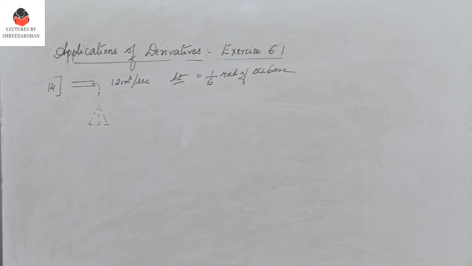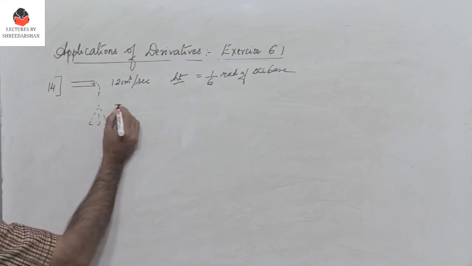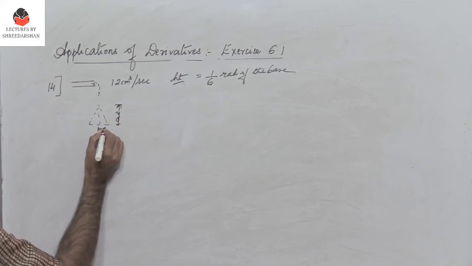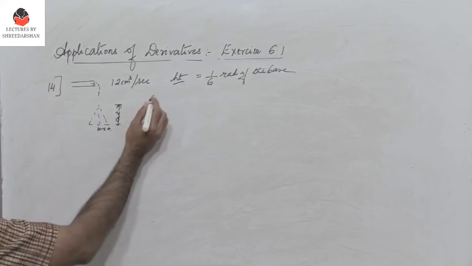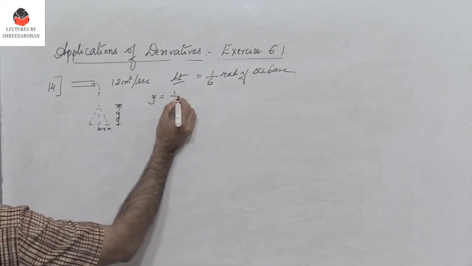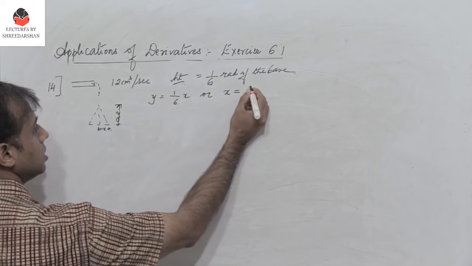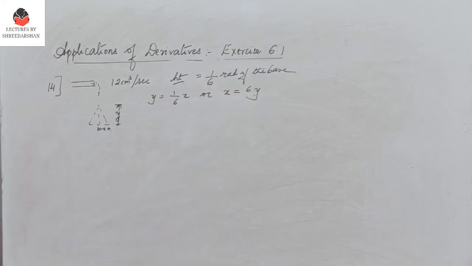So now let's assume that y is the height and let x be the radius of the base. It's been given that the height of the cone is 1/6 the radius of the base, so I have x equals 6y. Therefore the radius of the base is 6 times the height.